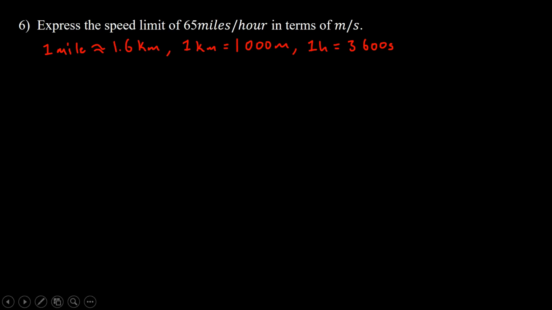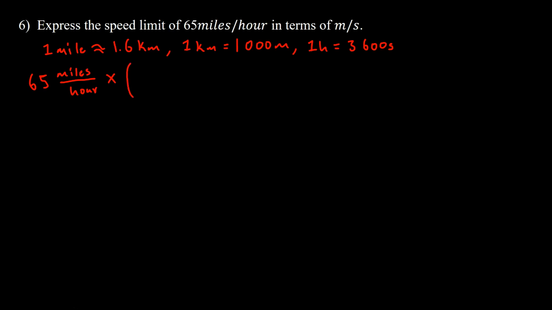We can now start the process of converting these units. So we can write 65 miles over the hour, and then multiply this by the first conversion factor.